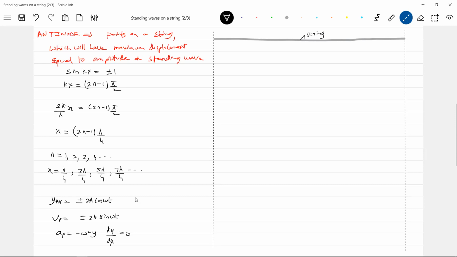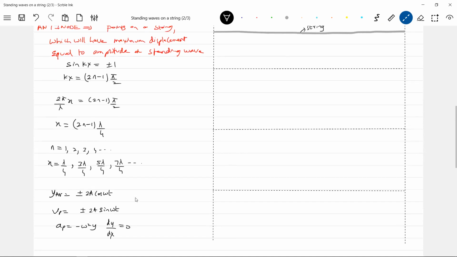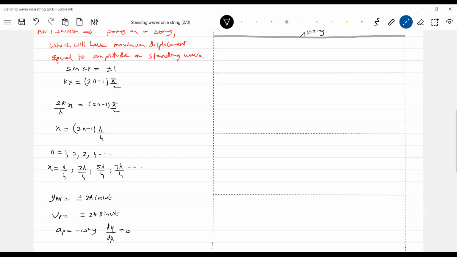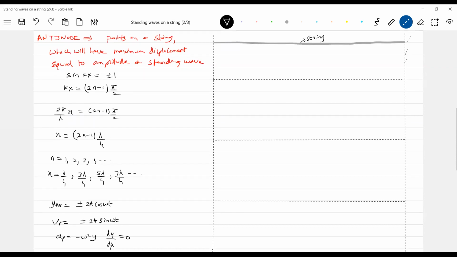Mean position. Two lines. I started from the first diagram.